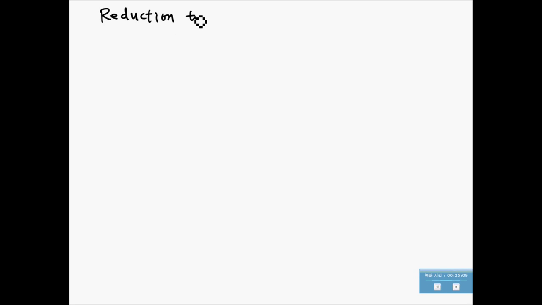Reduction to linear type. This is y prime plus p of x y equals g of x y to the a. This is definitely not linear, it's non-linear, so we have a certain way to tackle this.